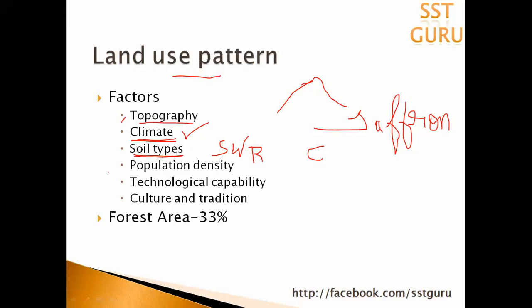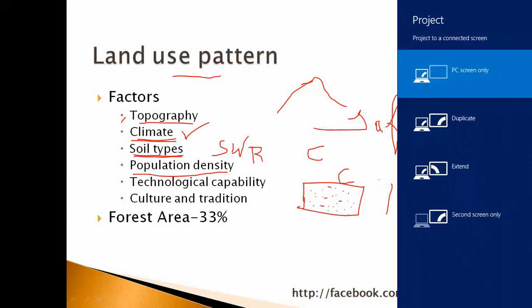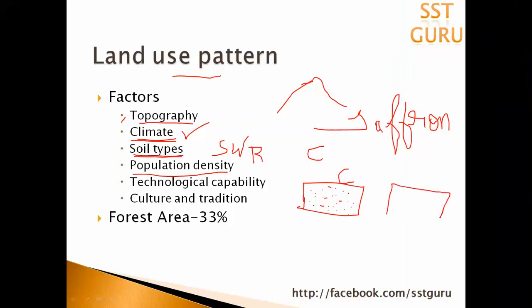Now coming on to the next point, which is population density. Population density is something you can just understand by seeing your surroundings. Imagine you are in a city, and this is the area of your city, and the people are so highly concentrated here that you do not have enough land to crop. Now we take the example of a village in which the number of people is very small, so the population density is very low.